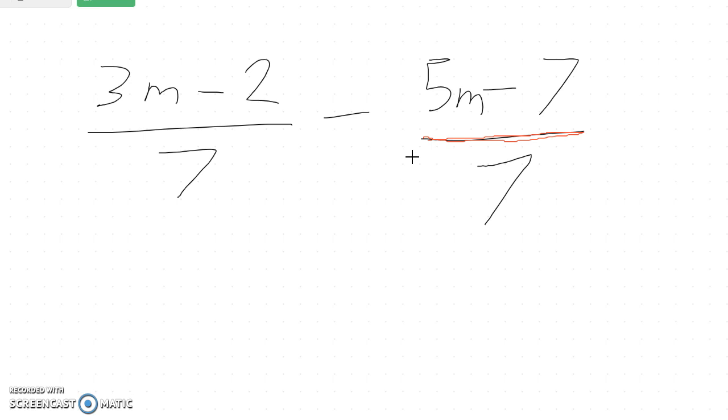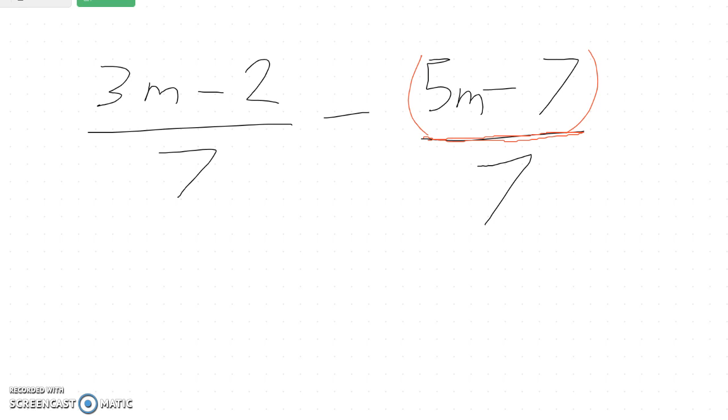Specifically, the vinculum has its own built-in invisible parentheses. So this 5m minus 7 over 7 is exactly the same as if the top was in parentheses. Even though the parentheses weren't written, the vinculum has its own built-in parentheses.